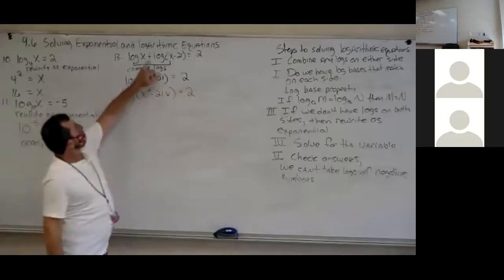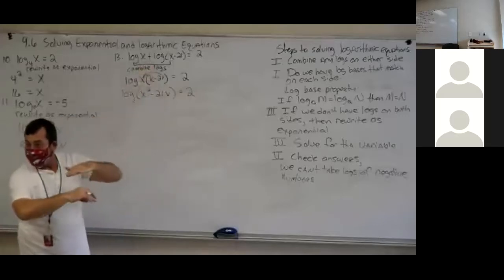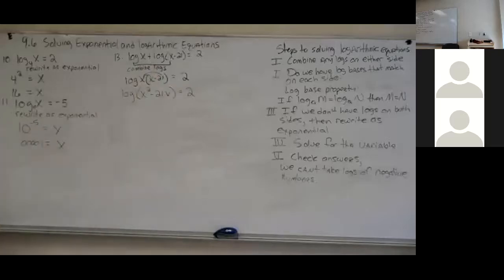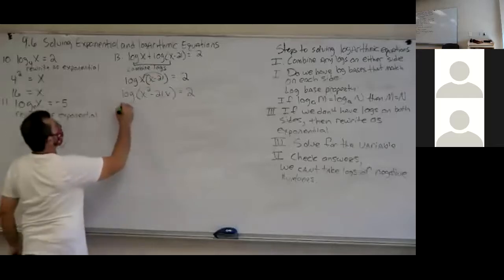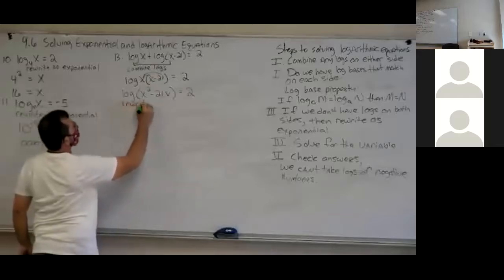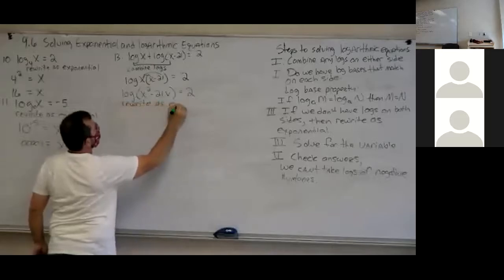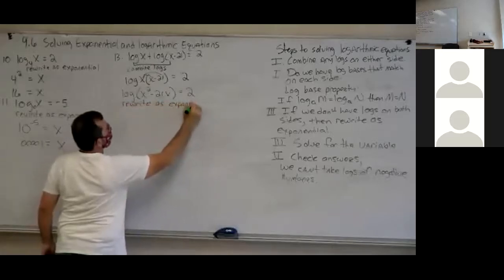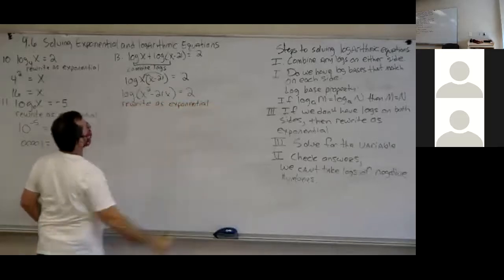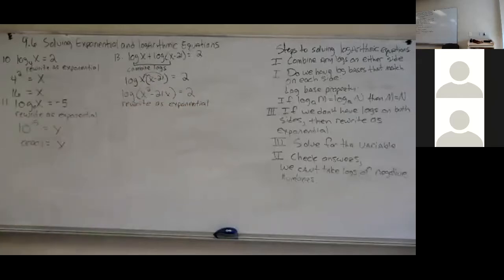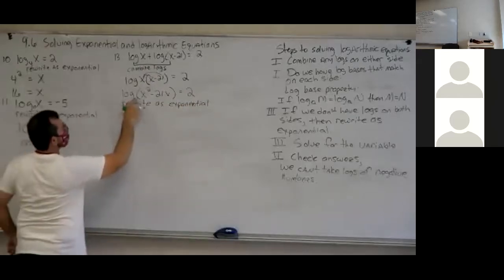So if this was being subtracted, I'd have written that as division, okay? But they're being added, so we rewrote them as multiplication. All right, I don't have logs on both sides, so that means I'm going to rewrite as exponential. Uh-oh, no base, so the base here is 10.